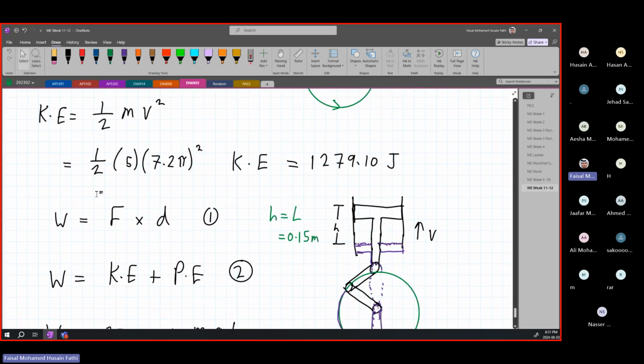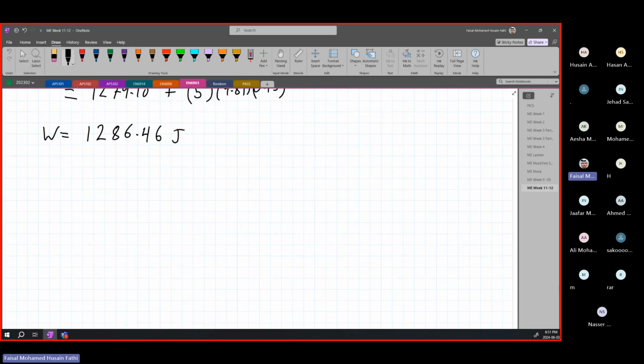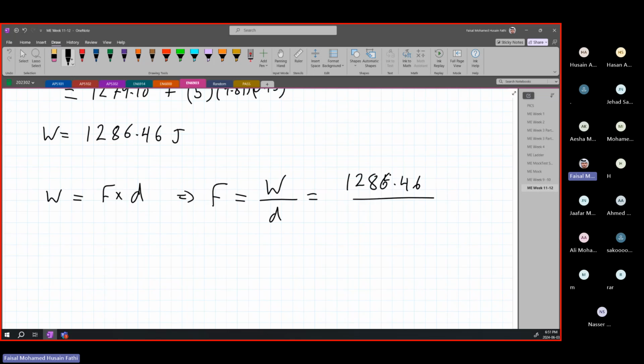Now we can find the force from the first equation. By plugging back in, we know that force is going to be equal to work. Let me write it from the beginning. Work is equal to force times distance, the moving distance, meaning the force is the work over the distance, which is 1286.46 divided by 0.15, which we have already determined to be our moving distance.